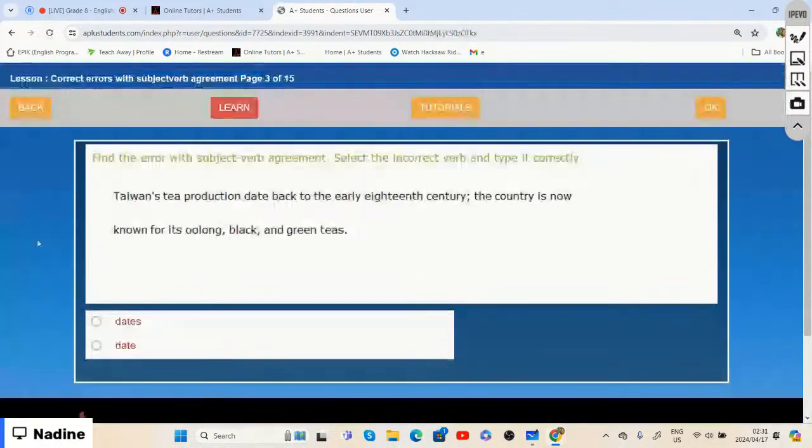All right. Taiwan's tea production date back to the early 18th century. The country is now known for its oolong, black and green teas.